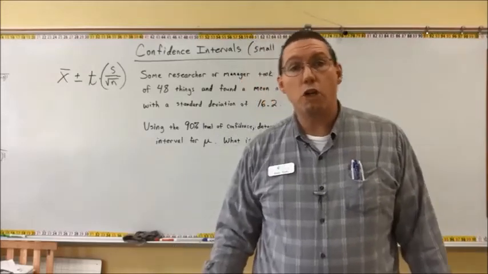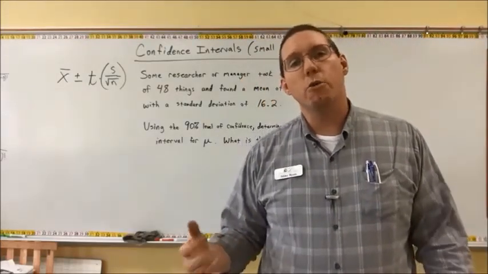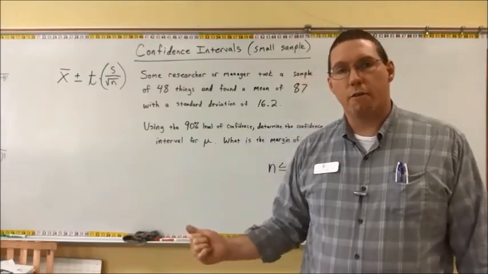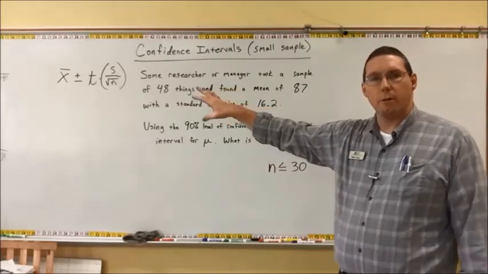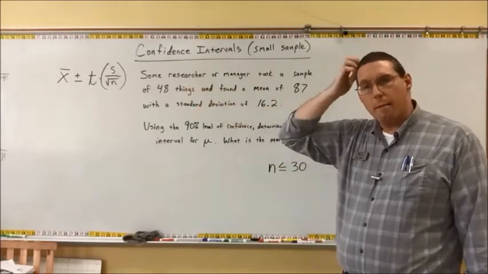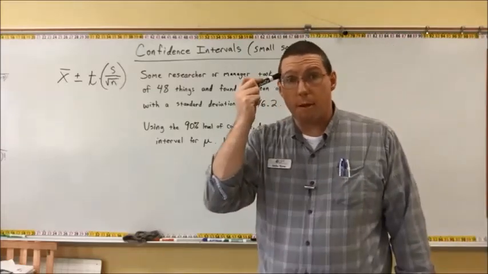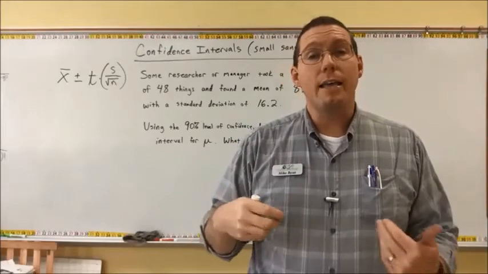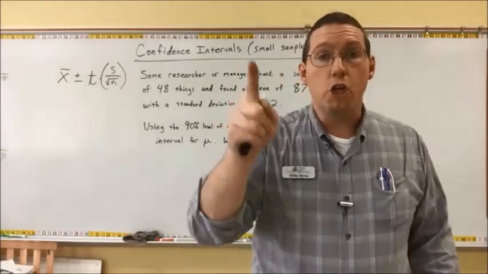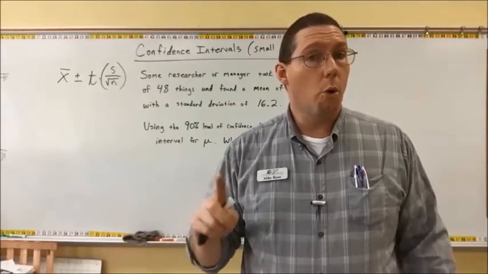This is not a small sample. Well, it's not exactly a large sample, but it's a larger sample. So we're not actually going to use the t-statistic for this one. In fact, I want to change the problem because I want to make sure that we learn how to continue using the t-statistic. But I just wanted to give you a little trick question so that you understand something. In the problems that you're going to do in this class, when I give you a confidence interval, you have to decide whether you're going to use the Z table or the T table.